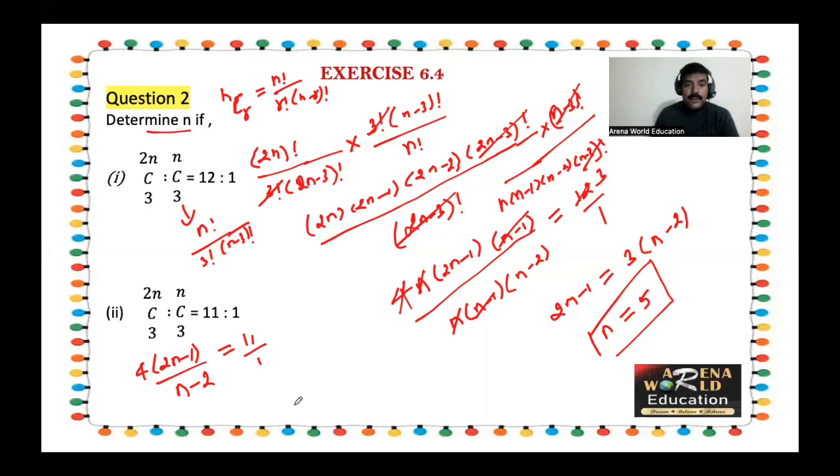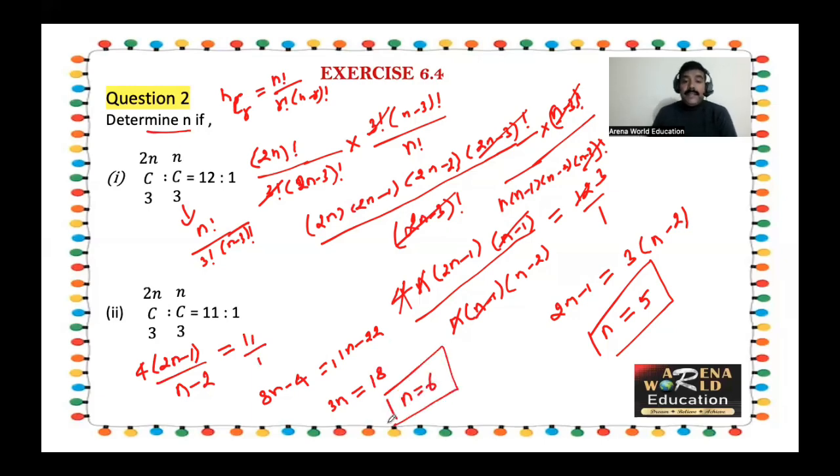Right? So if we do the cross multiplication, this will be 8n minus 4 and this will be equal to 11n minus 22. So this will be 3n, and minus 4 plus 22, this will be 18, right? So n will be equal to 6.